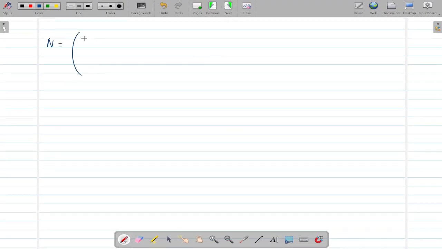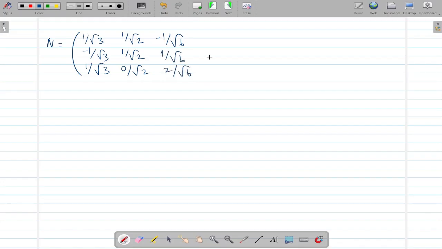So from the table I can write N as 1 by root 3, minus 1 by root 3, 1 by root 3, 1 by root 2, 1 by root 2, 0 by root 2, minus 1 by root 6, 1 by root 6, 2 by root 6. So now it's easy to write N transpose.